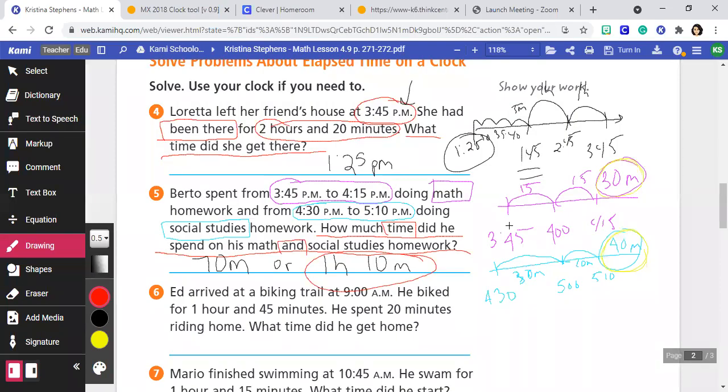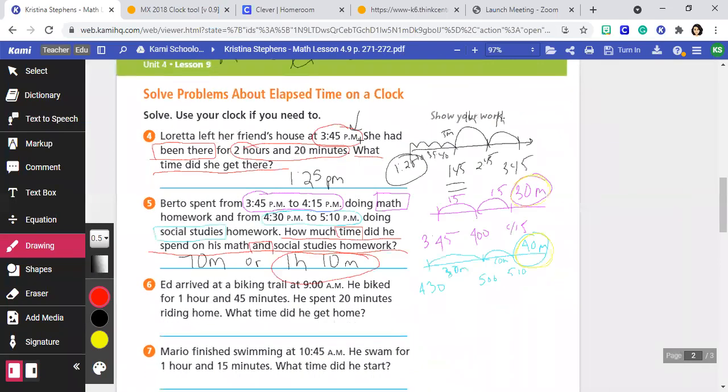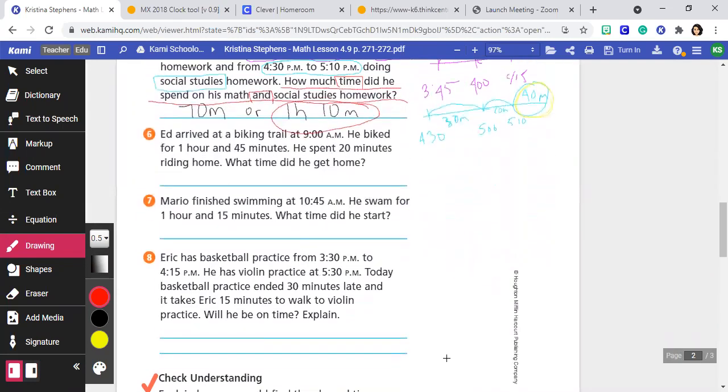Well, if you take a look at how much clutter there is right here for me to show my work, you can see why I would highly recommend using a separate sheet of paper to show your work. There really isn't a whole lot of room here for me to do this without it feeling a little bit cluttered. I'm going to keep going.